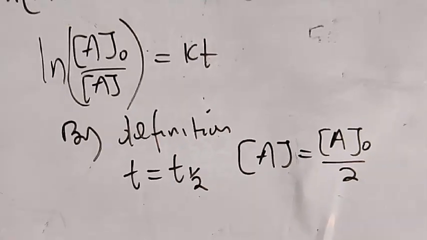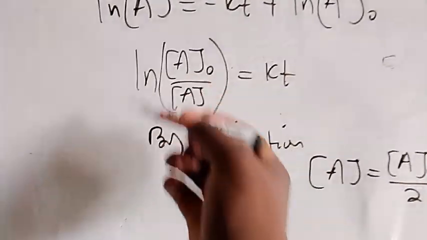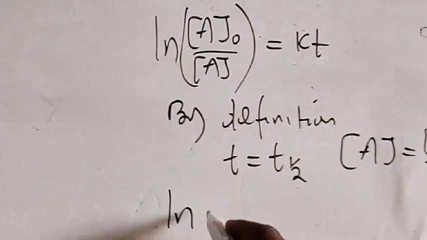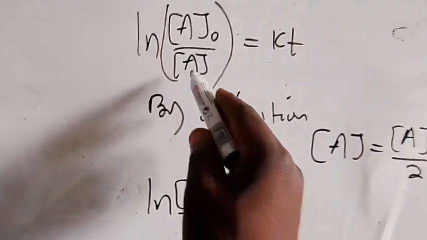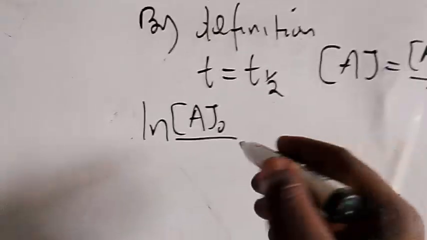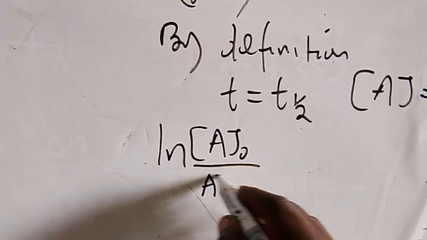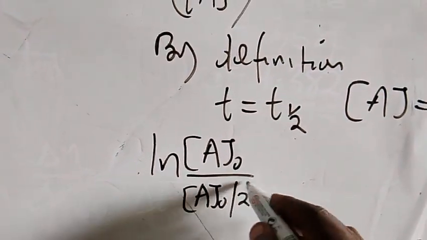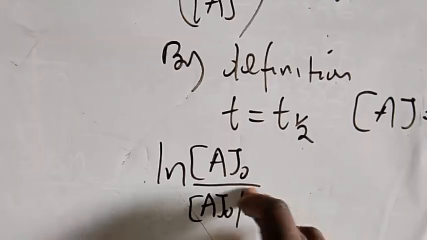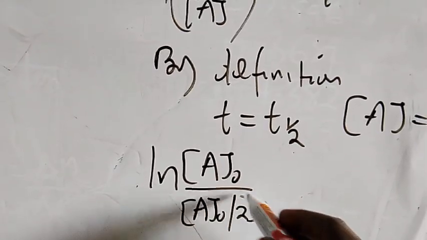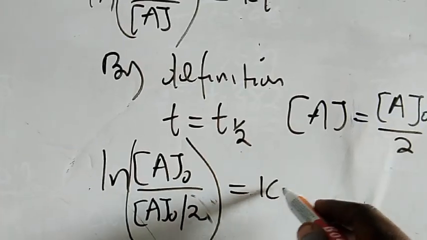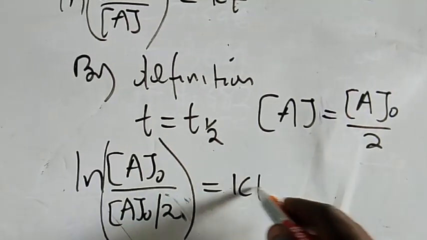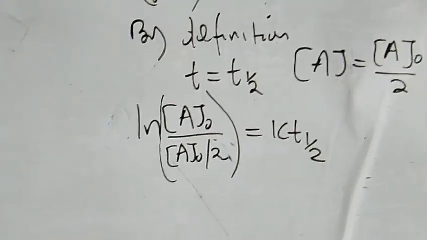Then we substitute in the equation: ln of A initial over A initial over 2 is equal to K t half.